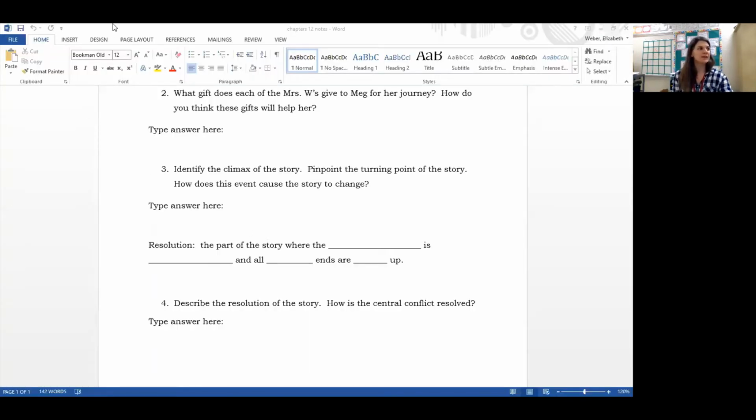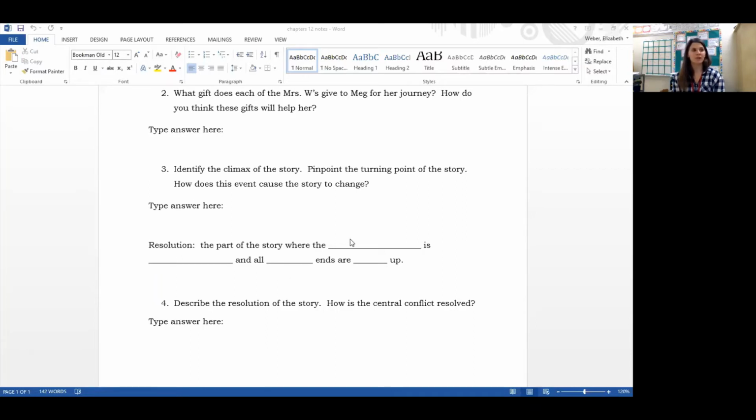All right, so on your screen, you have the blanks. Resolution, the part of the story where the blank is blank and all blank are tied up. So the part of the story where the conflict is solved and all loose ends are tied up.